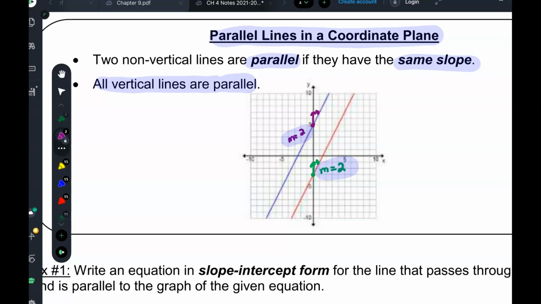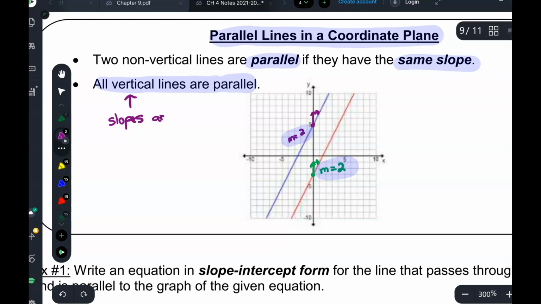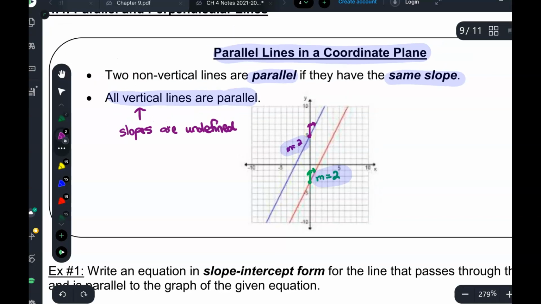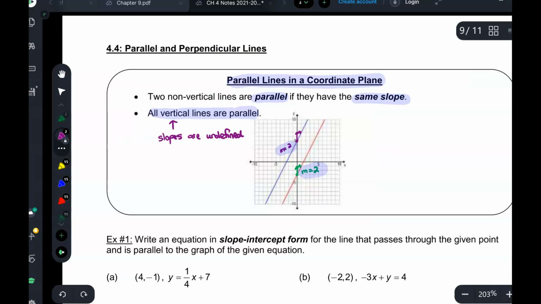Yeah, for vertical lines the slopes are undefined, so they don't have a value. If you find the slope of one line and it ends up being undefined, and then you find the slope of another line and it's undefined, they're automatically parallel vertical lines, okay? Now, if they have a 0 slope, that would be a horizontal line.